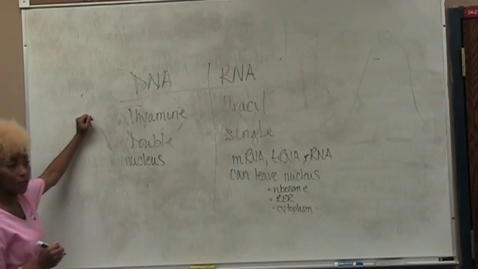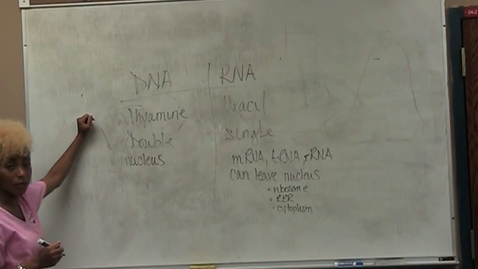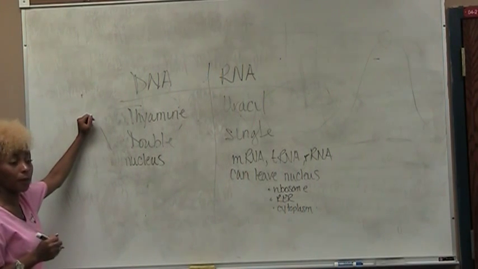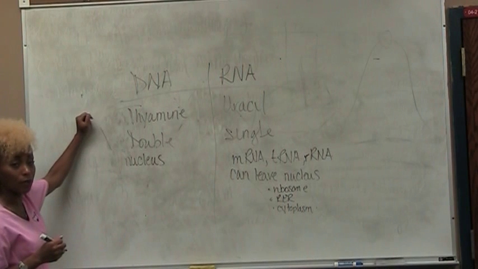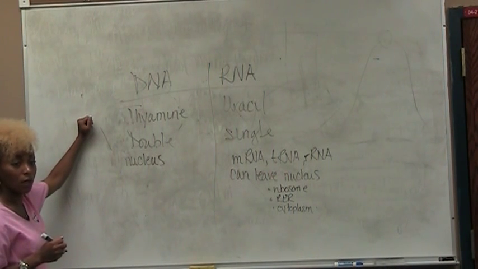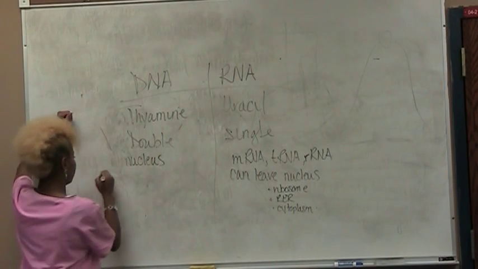What process occurs with DNA? Well, yeah, mitosis. But remember, when DNA is being copied, what is that process called? When it's being copied, what is it specifically called? Transcription.